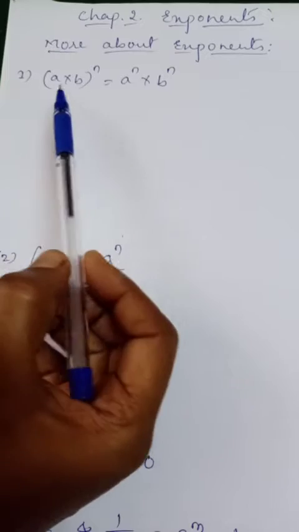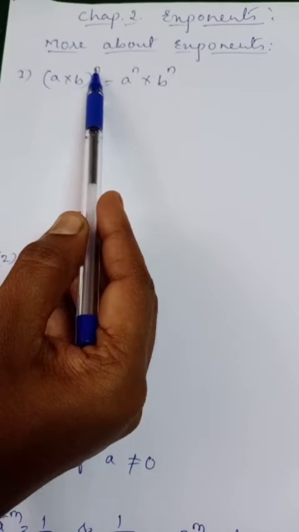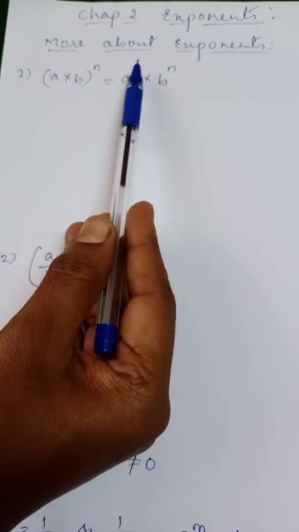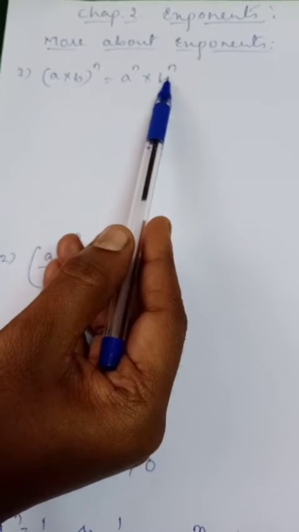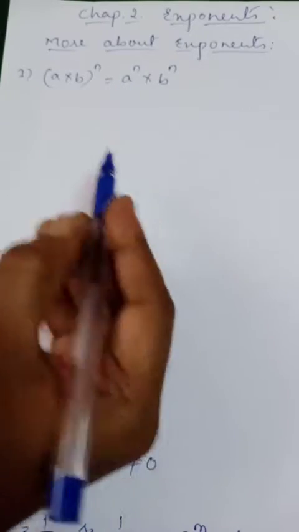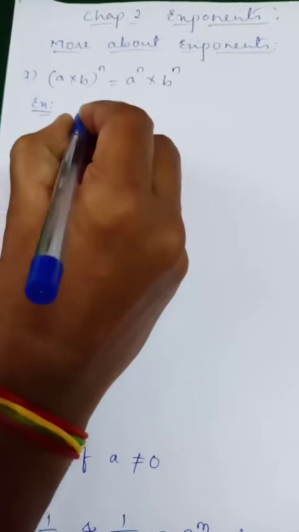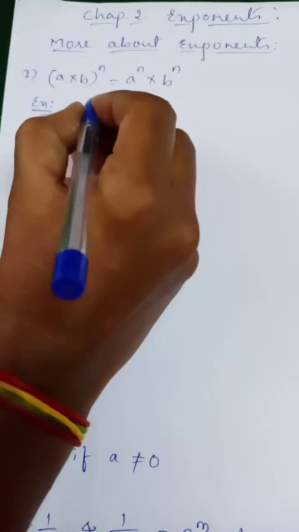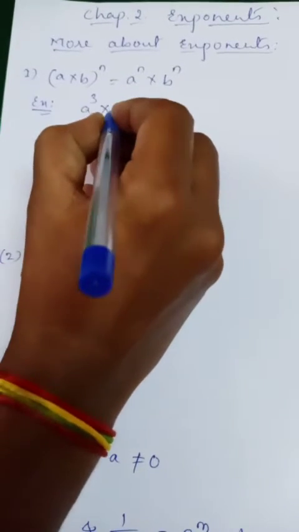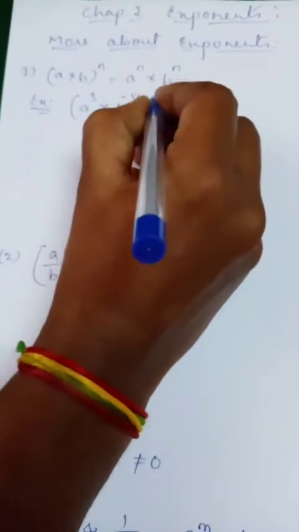So the first one is (a·b)^n = a^n · b^n. For example, suppose (a^3 · b^-5)^4.